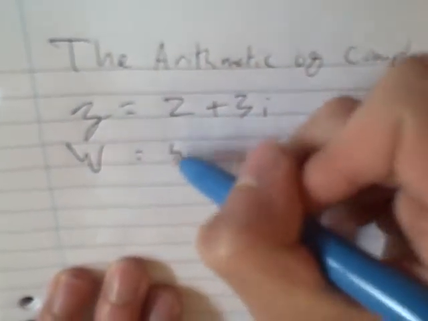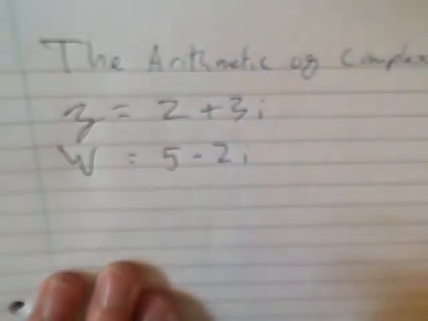But we want to be adding two complex numbers together, so the standard notation we will use for a second complex number will be w, which in this case equals 5 minus 2i.